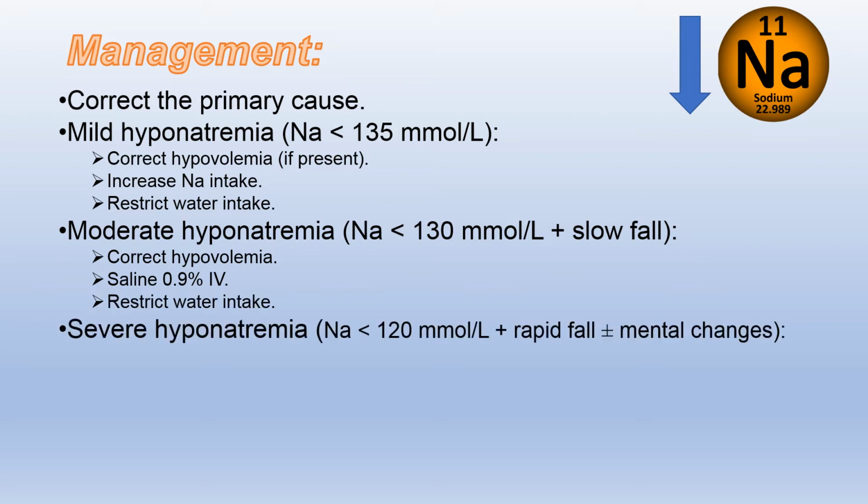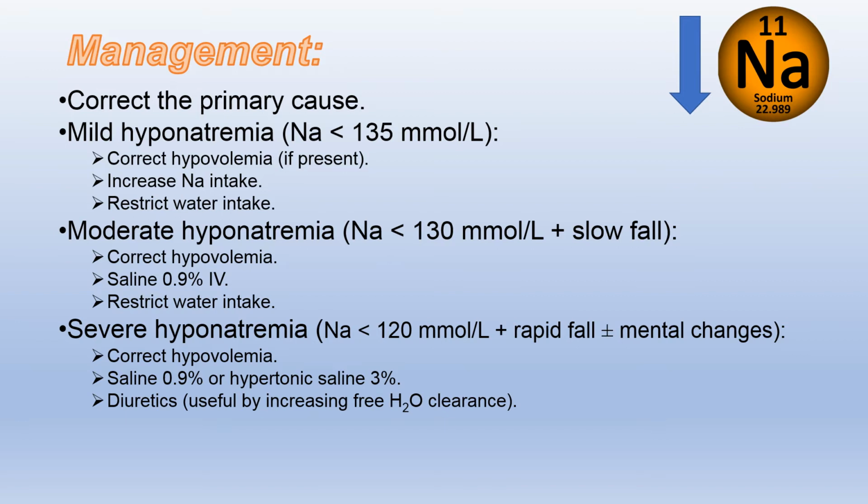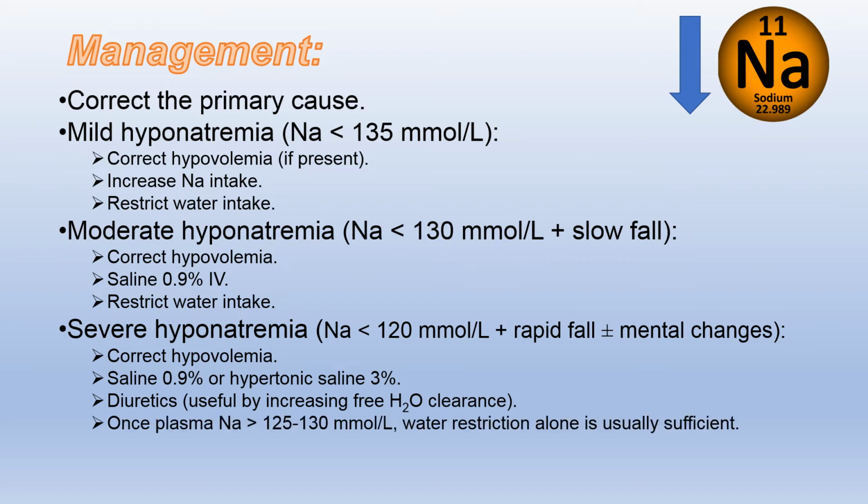In severe hyponatremia, sodium is less than 120 millimole per liter, plus a rapid fall in the sodium concentration, plus or minus mental changes: correct hypovolemia, saline 0.9% or hypertonic saline 3% may be given. Diuretic. Once plasma sodium is more than 125 millimole per liter, water restriction alone is usually sufficient.